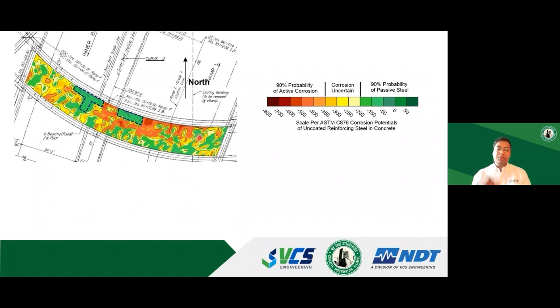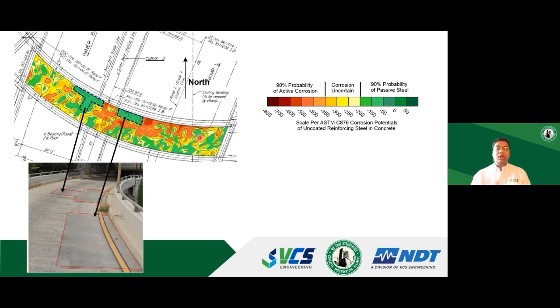And there is a good reason behind it. What we saw when we were doing the corrosion potential survey of the deck was that these two areas were areas of concrete patch repair. Remember, at the beginning of the presentation, I mentioned that if your steel is exposed to good quality, highly alkaline concrete, which is essentially the repair concrete in this case, you tend to have a passive layer formation on the rebar.